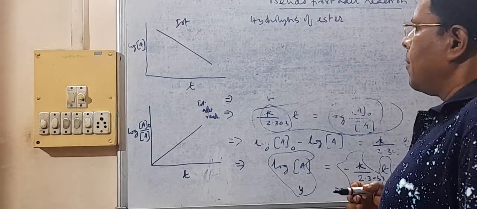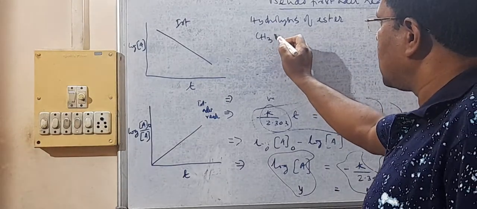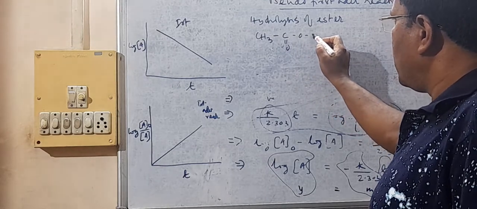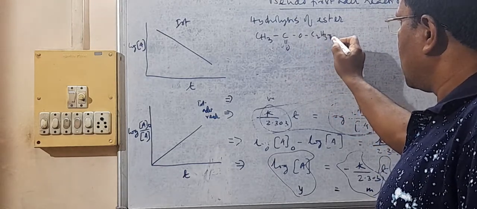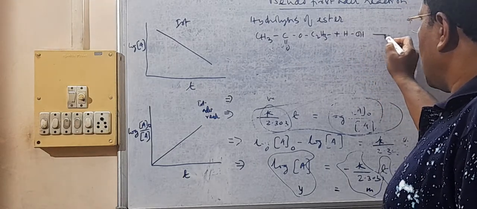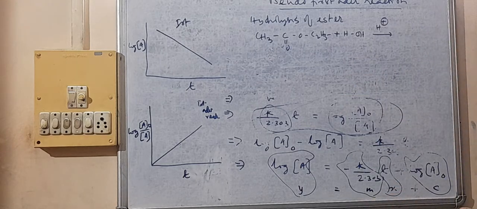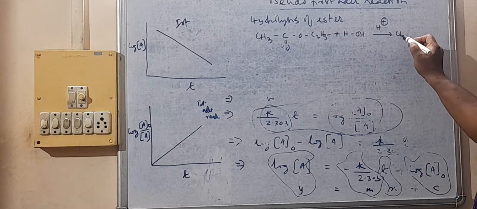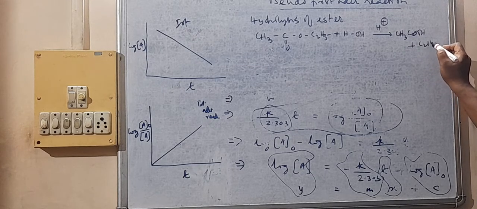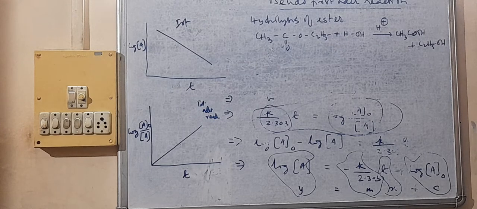Let me write down the equation. CH3, C double bond O, C2H5. It is an ester. Ester reacts with water in presence of acid as catalyst, and it forms CH3COOH plus alcohol. This reaction is called hydrolysis of ester.